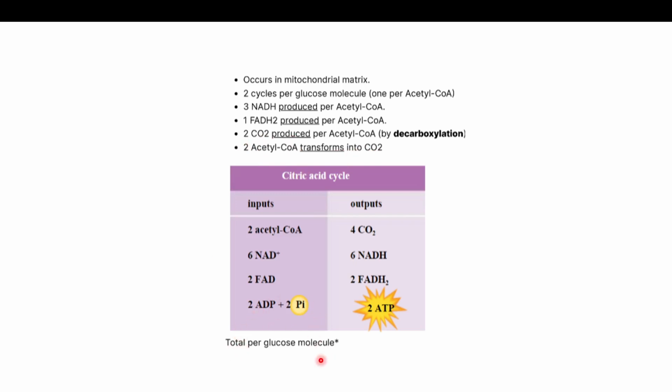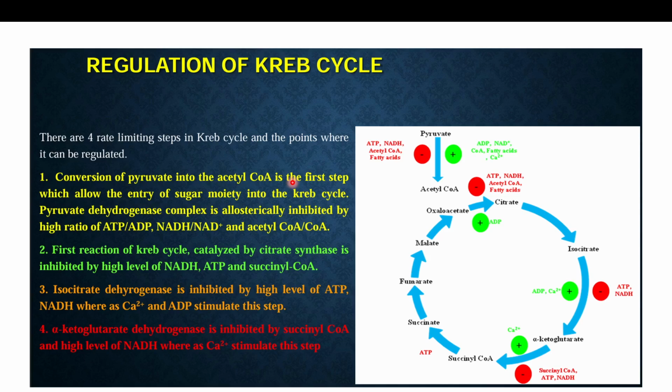So this is how the total per glucose molecule looks in the citric acid cycle, the inputs and the outputs. Okay. Now regulation of Krebs cycle or citric acid cycle.